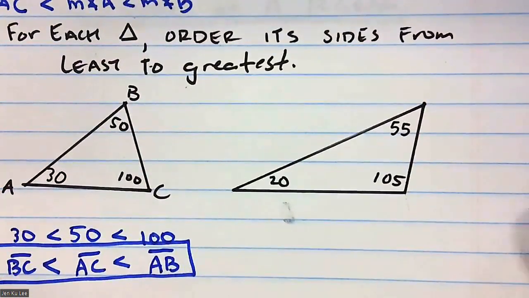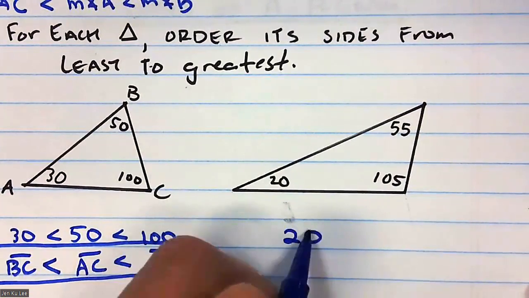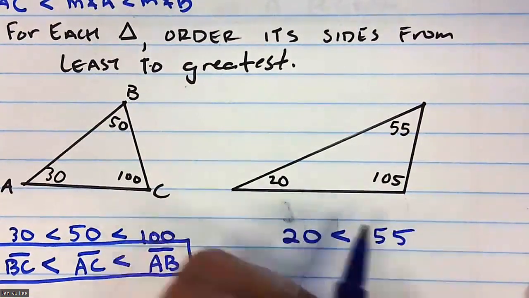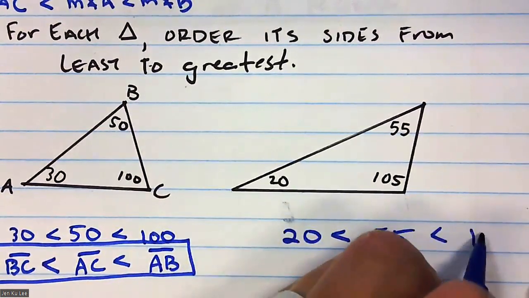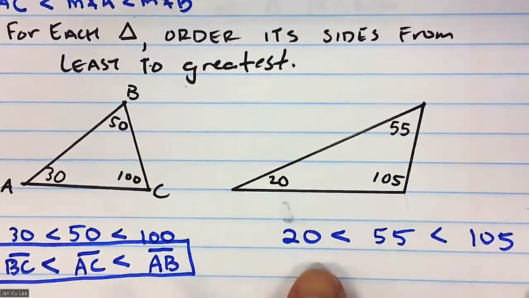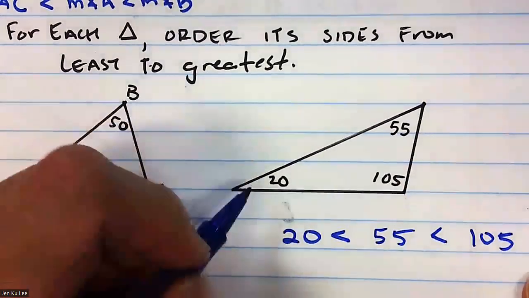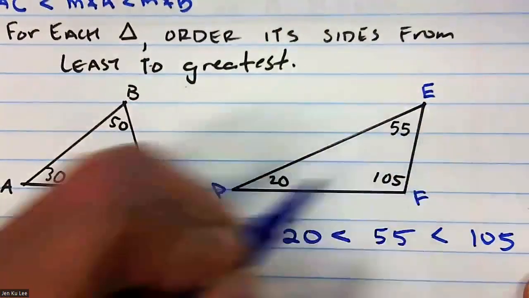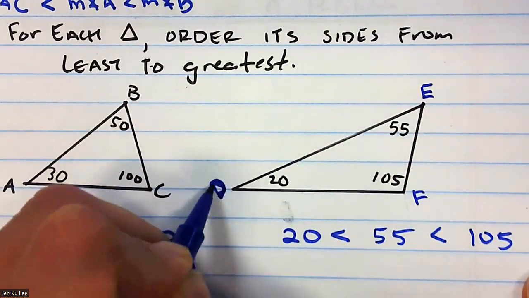Here again, we have 20, 55, and 105 degrees. So if I put the angles in their relationship, the sides opposite these have the same relationship.